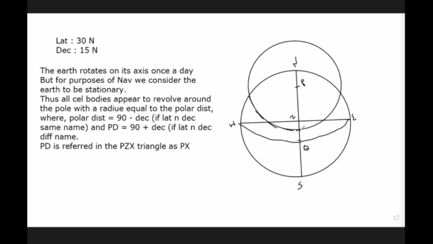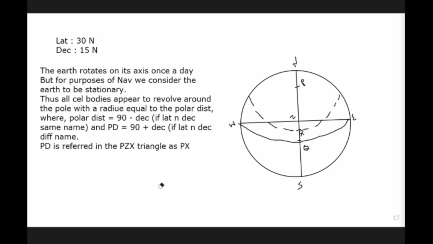I'm doing the dash line only for your understanding, of how this particular star which was revolving around the pole is visible to us. Normally it is revolving on the pole, if this is X, with a radius equal to the polar distance. Here is the horizon; it is coming above the horizon, it is rising, then it will come on the meridian and it will set. But we won't see the full circle, we are only seeing this part over here.